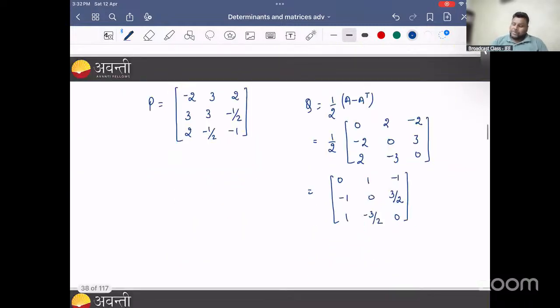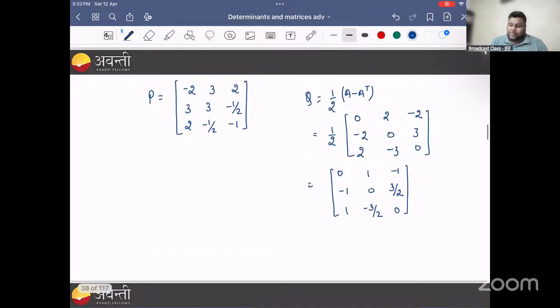All right. Now PQ though you can calculate, it is just a product. Anybody who can finally help me with PQ, what do you get? Quickly tell me.